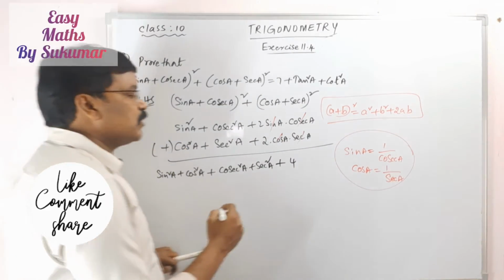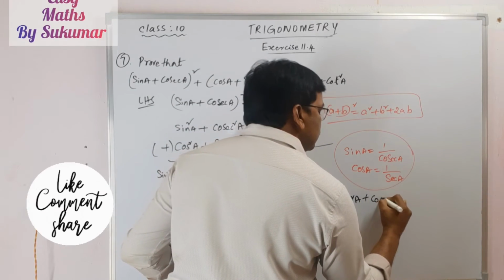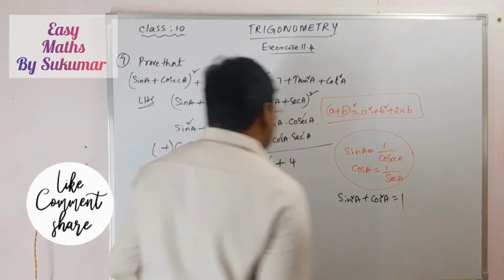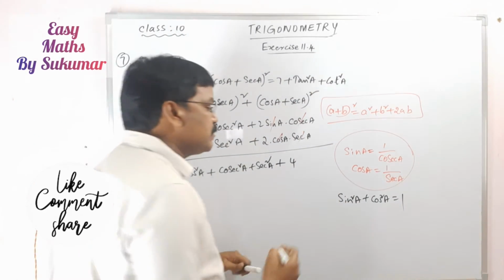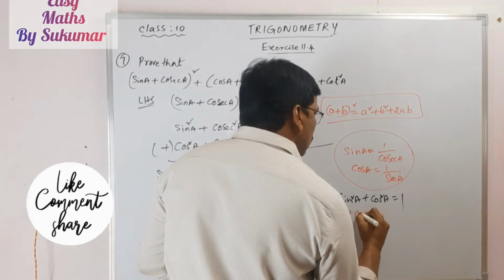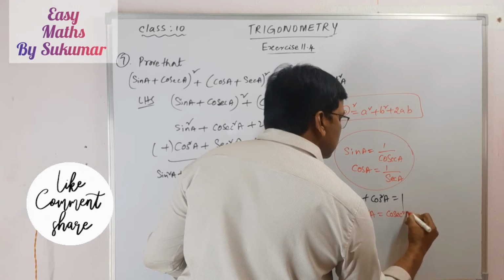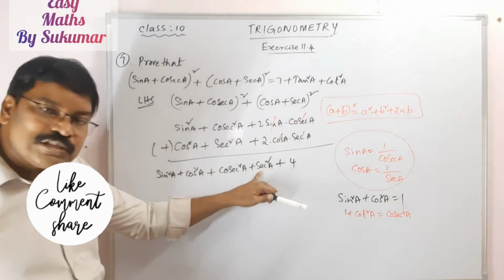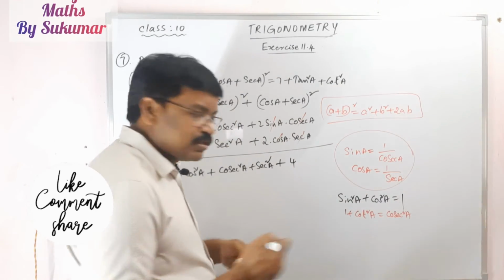So now my dear students, sin square A plus cos square A means what? That is 1. Okay, again I am using here cosecant square A means 1 plus cot square A. It is equal to cosecant square A. Again this secant square A means 1 plus tan square A. Am I right? Right.